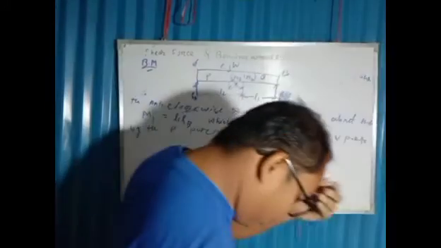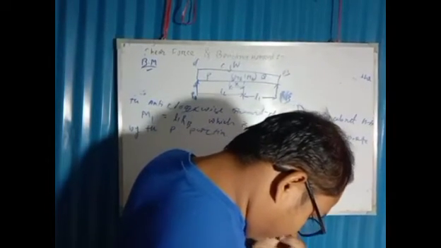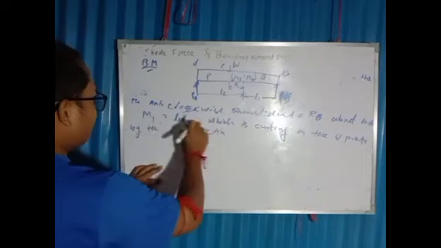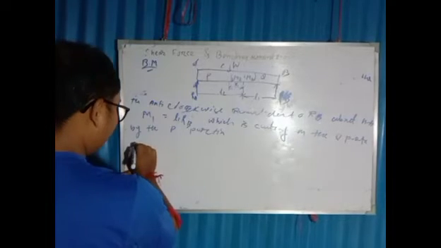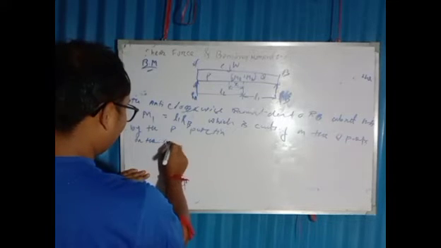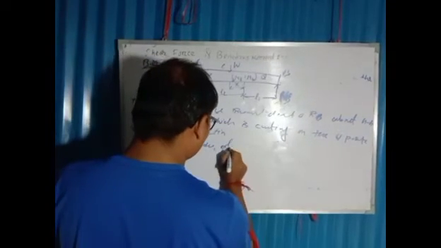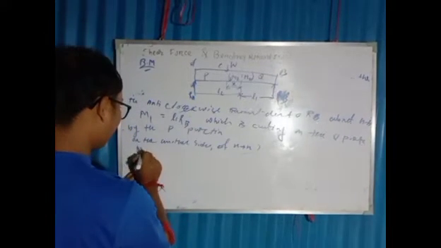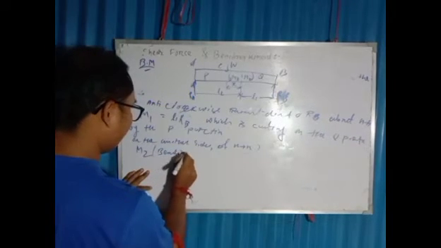So this equation is by the P portion. In the next step, on the other side of the x-axis, the moment M is the bending moment. This is the bending moment.